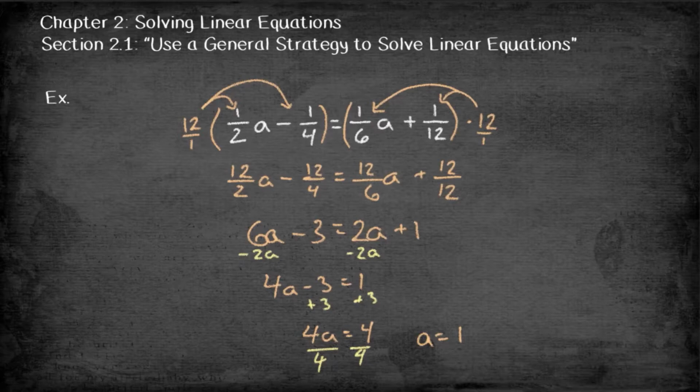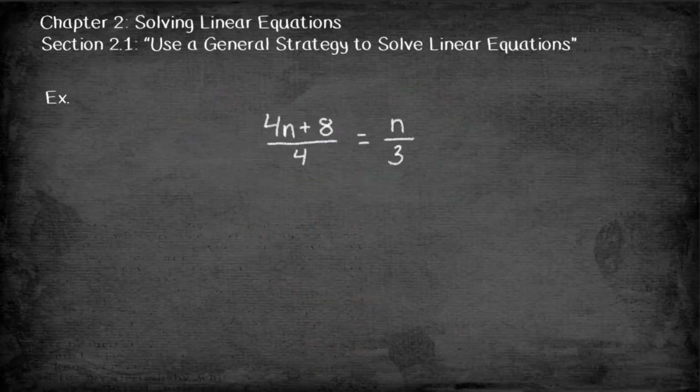Not too bad. All right, so here's another example of fractions. We could start this off by trying to clear the fractions from both sides. But let's maybe take a step back and look at what we have here. So we have 4n plus 8 all divided by 4, and that is equal to n/3. So on the left-hand side, notice that 4 is a factor both of the coefficient of n and this 8 here.